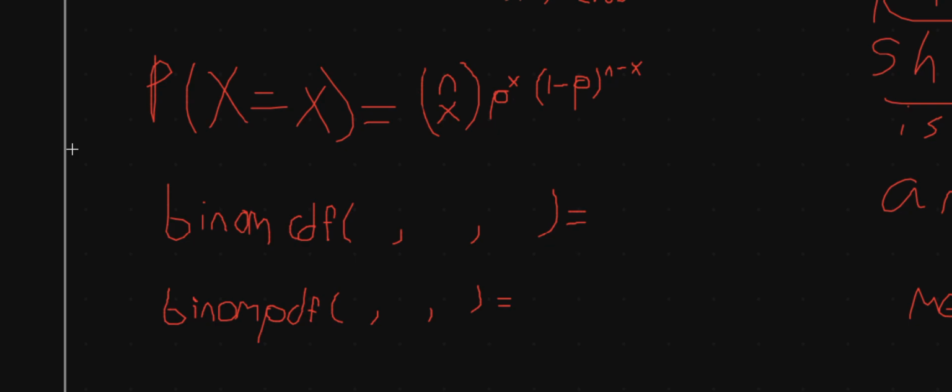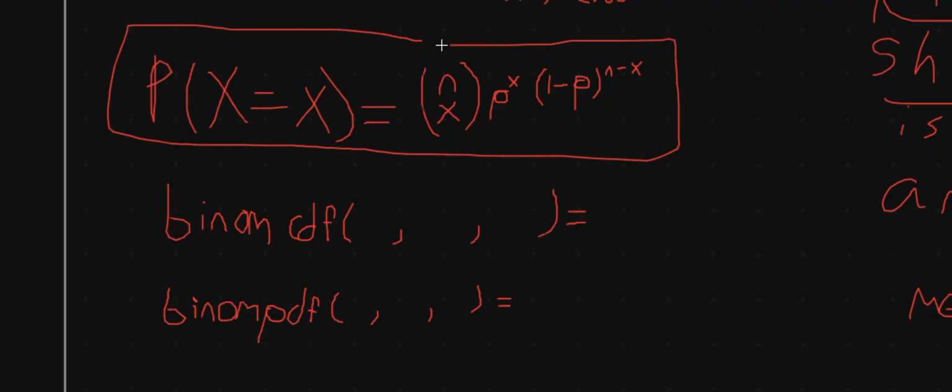So the formula that the College Board gives you is this. This entire thing is the formula the College Board gives you. It may seem overwhelming at first, but there's a simpler way to do this in your calculator. Also, due to time constraints, I'm going to talk about geometric distributions in another video. That's going to be in a completely different video.